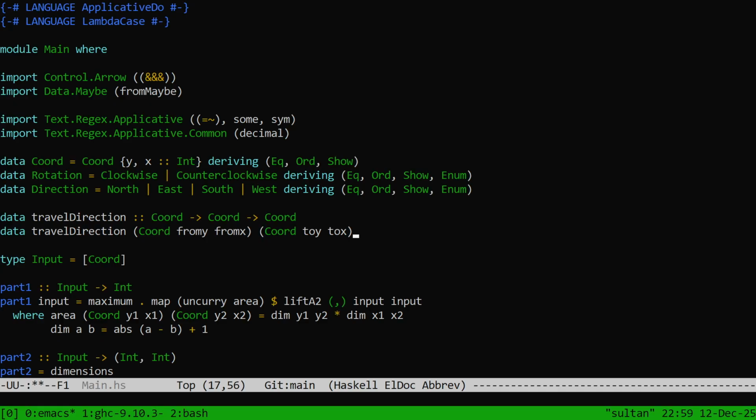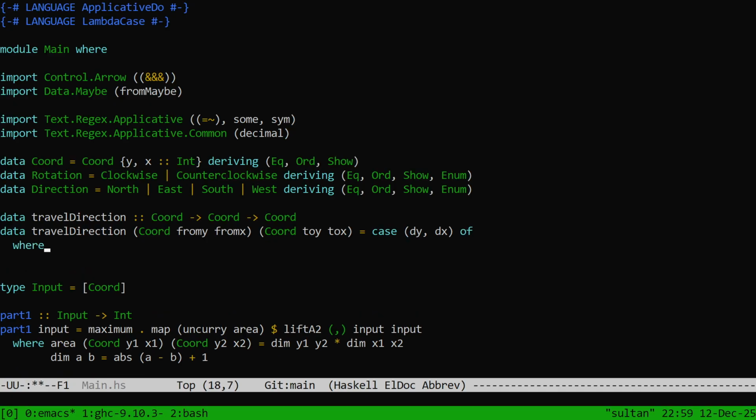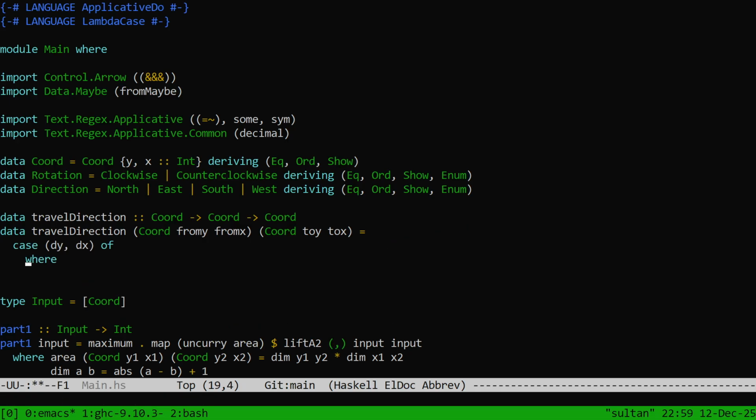Let's make to and from more clear. Oh my gosh, that's so far over. Let's write the function over here.